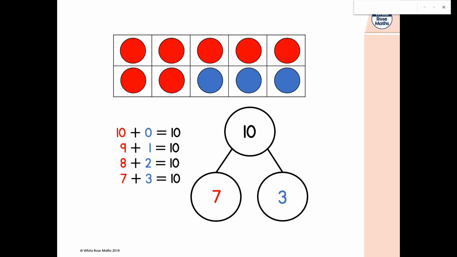Can you guess what the next number bond will be? Our next number bond will be 6 plus 4 equals 10. And one more. You got it. 5 plus 5 equals 10. Well done.